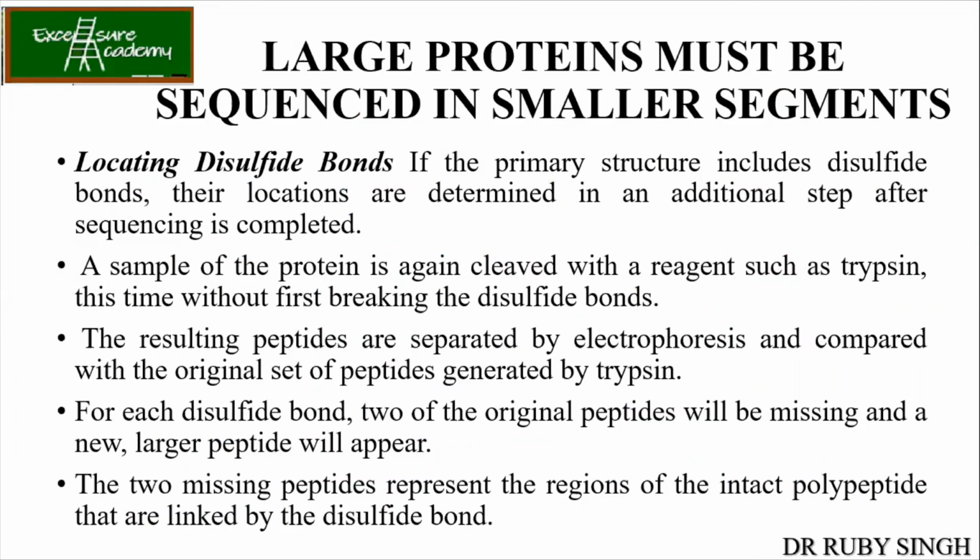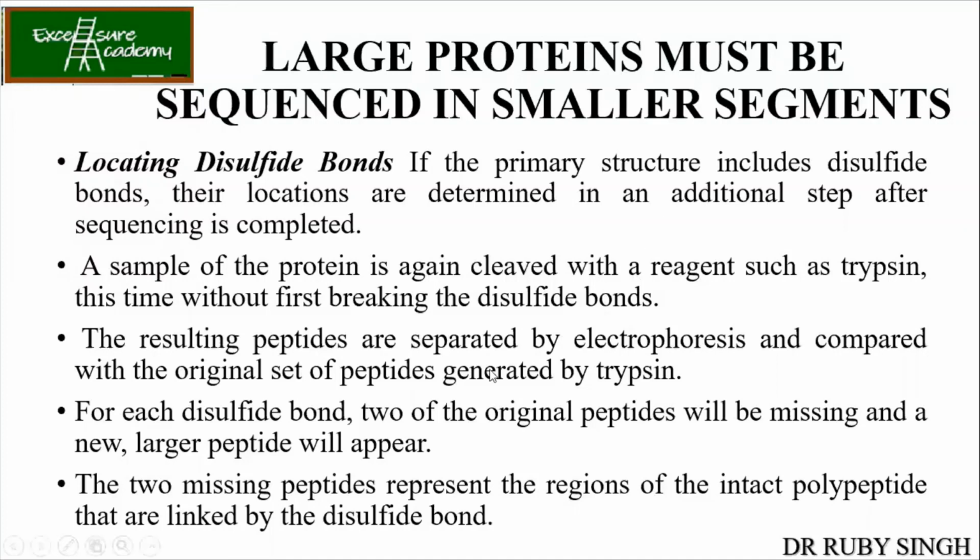If the primary structure includes disulfide bonds, the locations are determined using another additional step. A sample of the protein is again cleaved with a reagent such as trypsin, without breaking the disulfide bonds. Initially you got the sequence over here, but we just need to know where the disulfide bonds are present. So take another batch of protein, cleave it with trypsin and don't break any disulfide bonds.